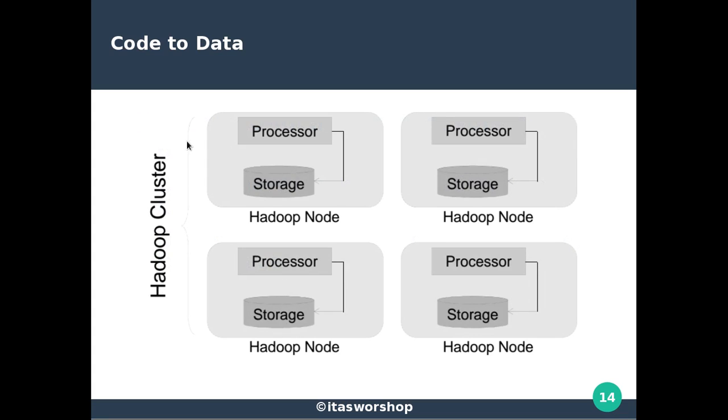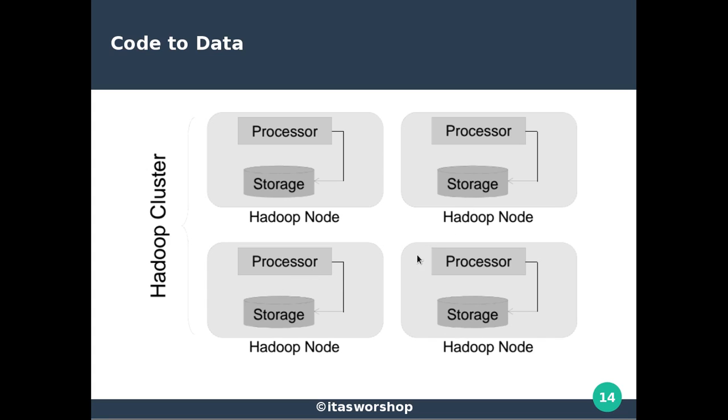So this is a full Hadoop cluster. This is a Hadoop single node. It has got storage, it has got a processor. So we are just sending code to each node, and then at these nodes the task is being performed. We are taking data from here locally, and we are taking CPU locally, and then we are performing the task.